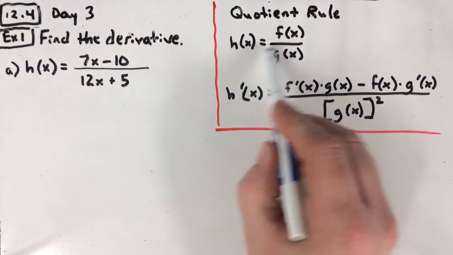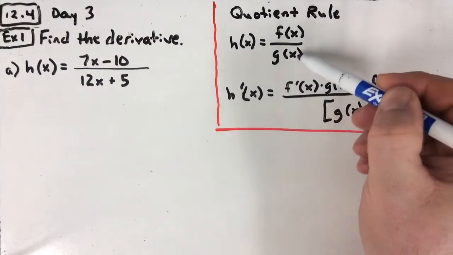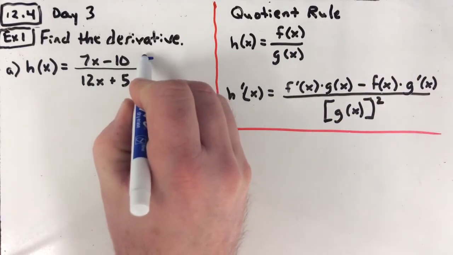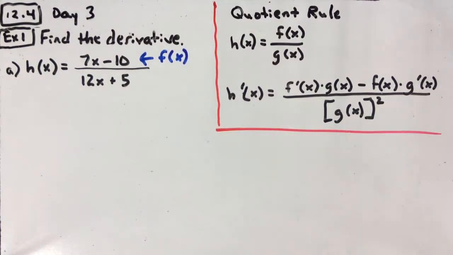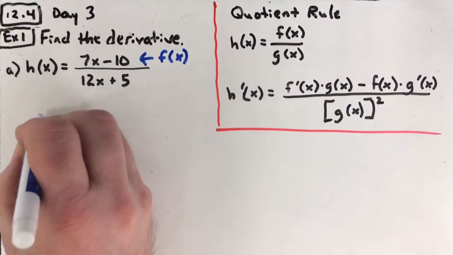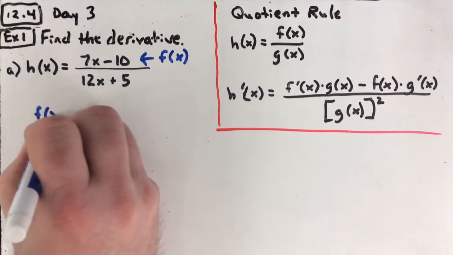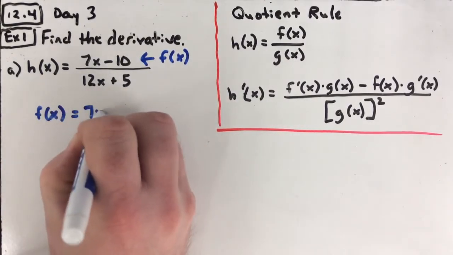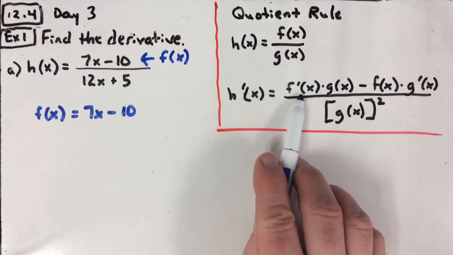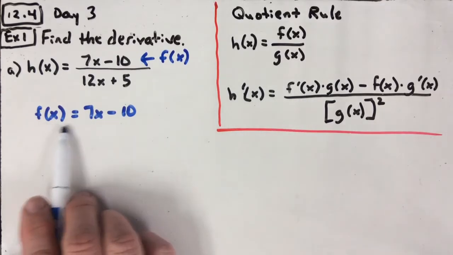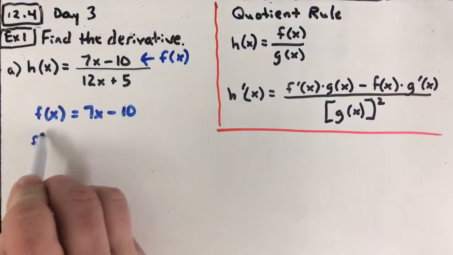The original function, h of x, is equal to f of x over g of x. So the top part of this, that is what f of x is equal to. And just like I did with the product rule in day 2, I'm going to write down what f of x is equal to, and then underneath it, its derivative. I need the derivative, so I'm going to do f prime of x here.